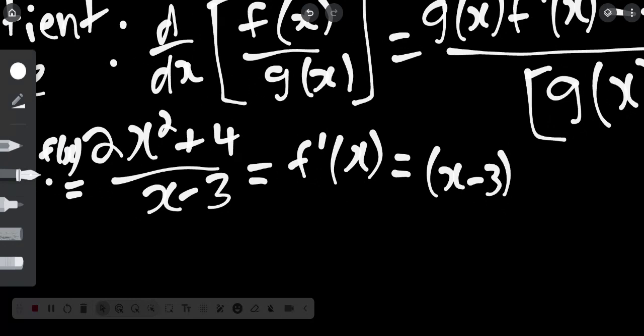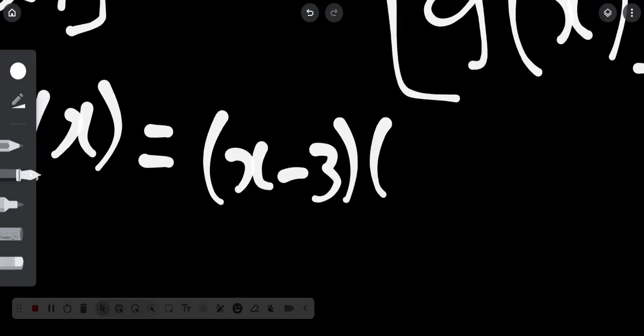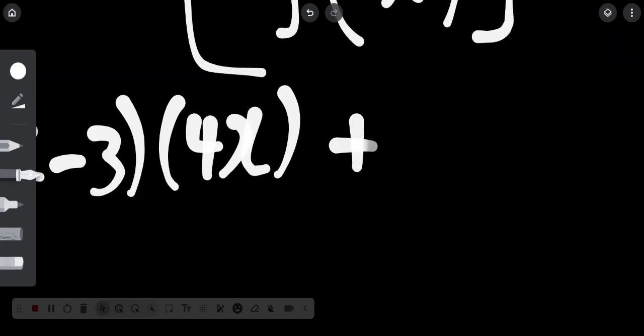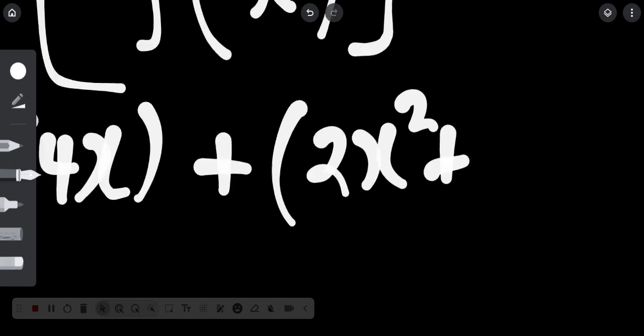Because of the power rule, take the 2 down, so it'd be 4x plus 0, since 4 is a constant, so it'd just be times 4x. So bottom times the derivative of the top plus the top, which is 2x squared plus 4.